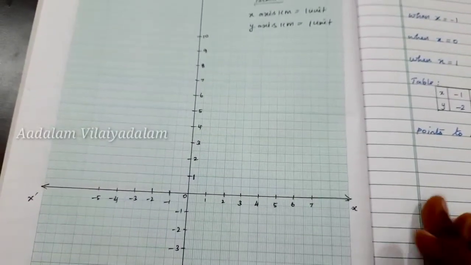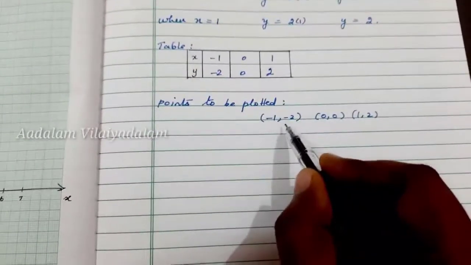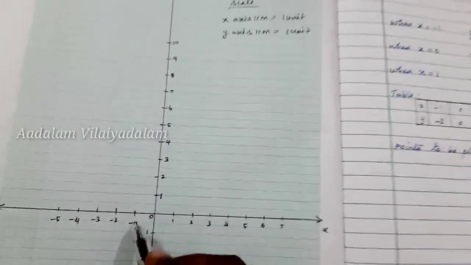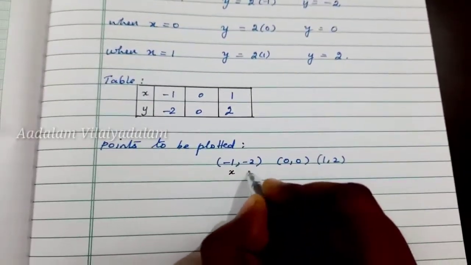Now we can plot the point minus 1 comma minus 2. Let us point it out in the graph. This is the x coordinate and this is the y coordinate.